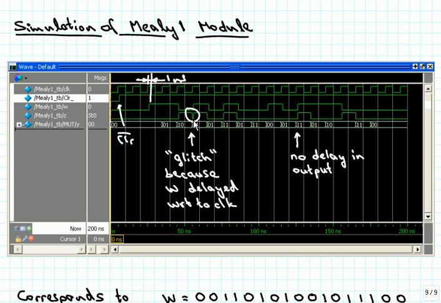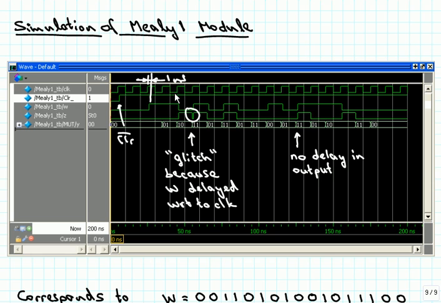So this is one of the potential problems with Mealy finite state machines: the outputs C can have glitches or spikes in them if the input W is not properly synchronized with the clock that's being used for the synchronous finite state machine.